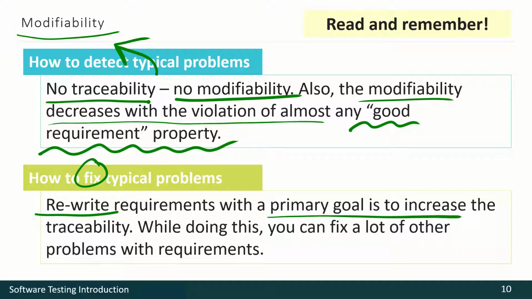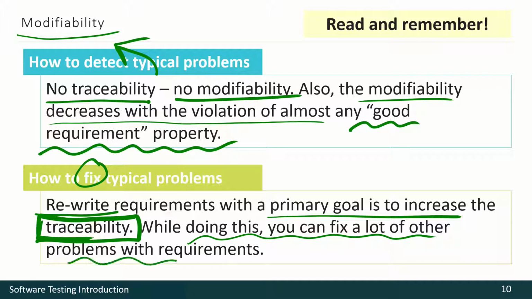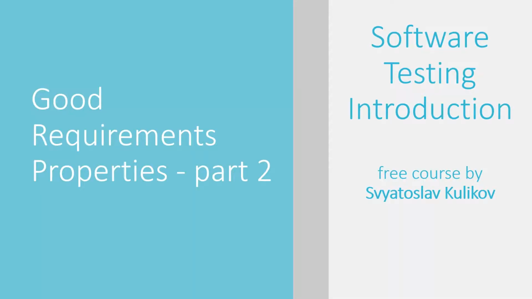Rewrite with the primary goal to increase the traceability. Once we get the traceability, the modifiability will magically appear. And of course, while doing this, we can fix a lot of other problems in documentation and improve our documentation a lot. And we shall finish the good requirements properties review in the third video.